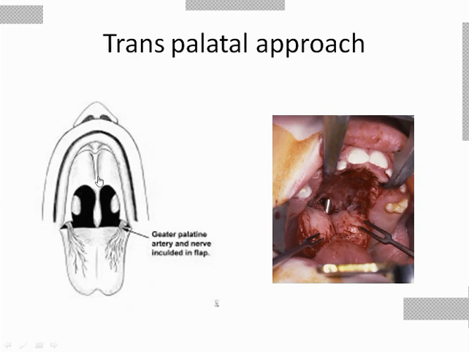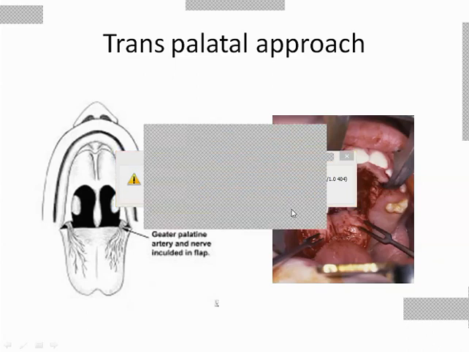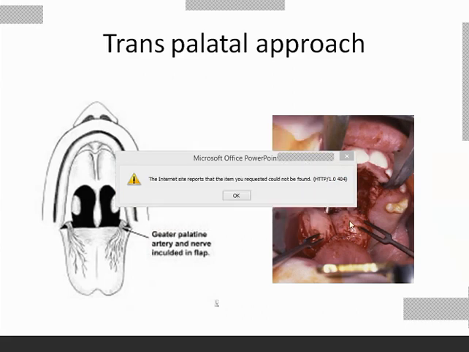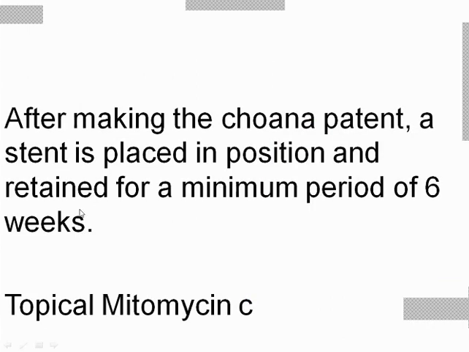You have to drill it and remove it. Afterwards, a stent is placed and retained for a minimum period of 6 weeks. Application of topical mitomycin C, an anti-cancer drug, can help prevent restenosis.